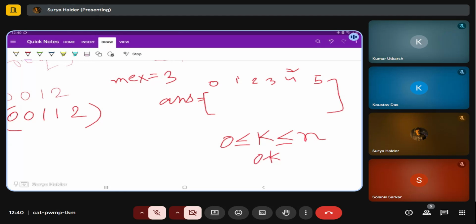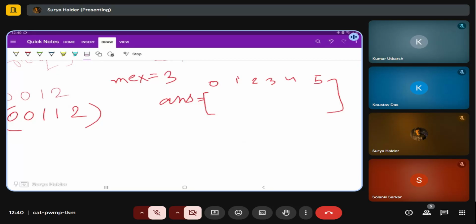So k is from 0 to 5, that is n plus 1 elements you will be having. That is why we had defined the size of answer as n plus 1.